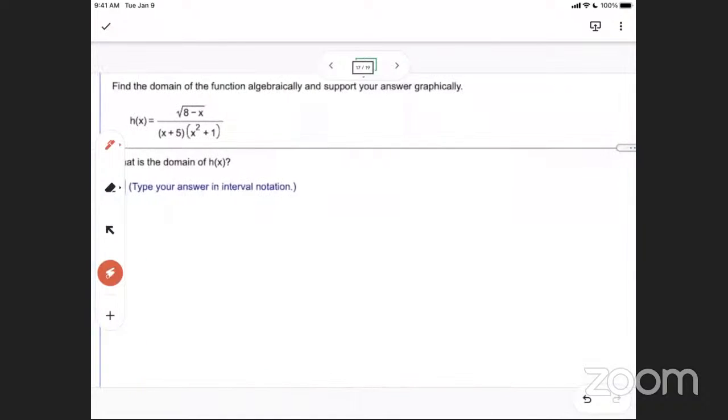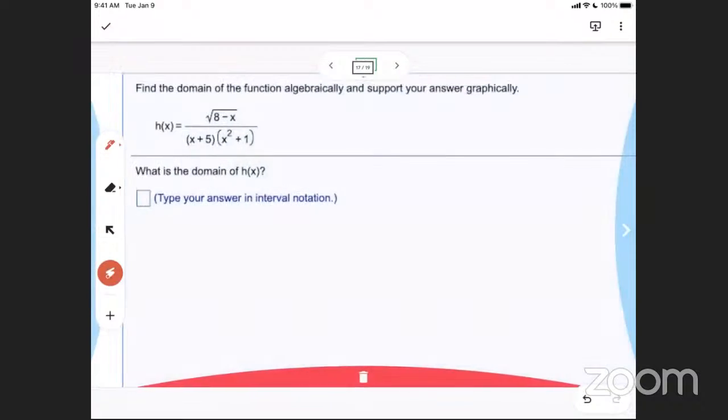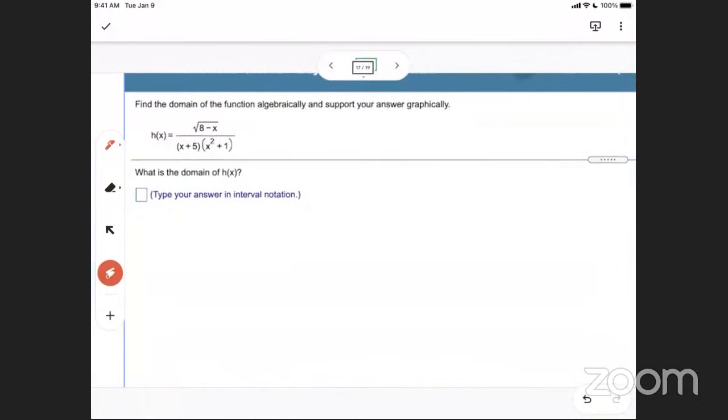Do you remember? I do not. So when you have a square root of something, you can't take the square root of a negative number in the real number system. So we're going to have two different things going on here. First of all, we're going to say, well, the denominator there, x plus 5 and x squared plus 1, cannot equal 0.